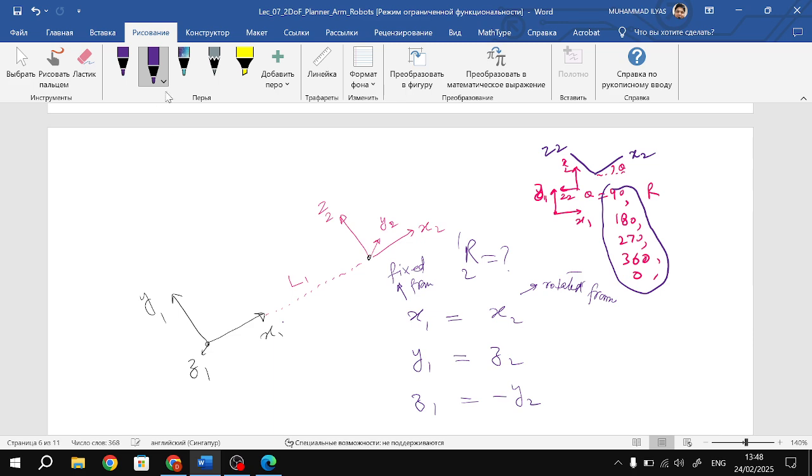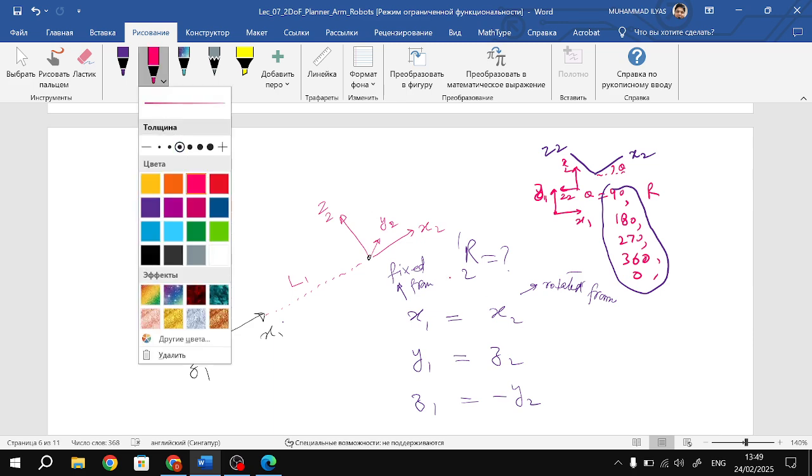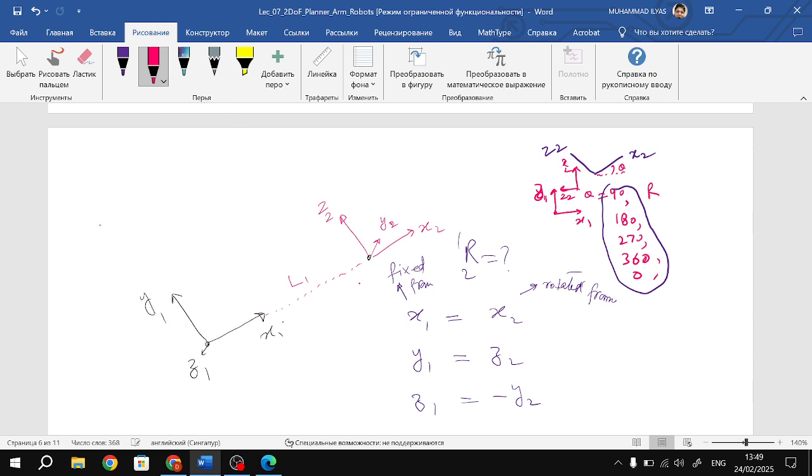In this scenario, you write the directions first. x1 is in the same direction as x2, y1 is the same direction as z2, z1 is the same direction as minus y2. Clear? Because this is plus y2 and the opposite will be minus y2.